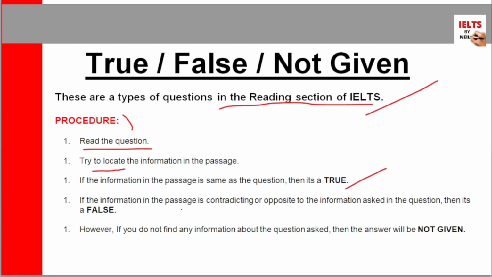And if the information in the passage is contradicting or is opposite to the information asked in the question, then of course it's false. However, if you do not find any information about the question asked, then the answer will be not given. We're going to go in detail in today's video, so things will be more clear to you in the coming slides.